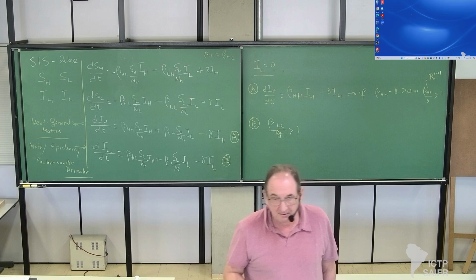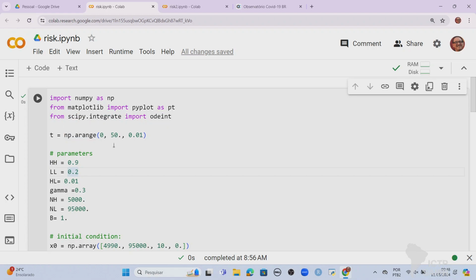So you have to have numpy, matplotlib, and scipy as usual, okay? Then you say I will do my integration from time 0 to time 15. We will be playing with that later. And the time step is 0.01, okay, small.